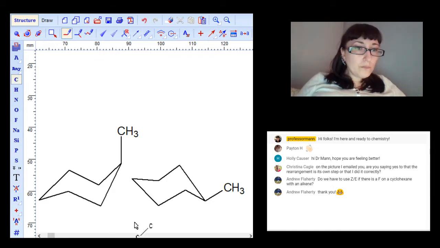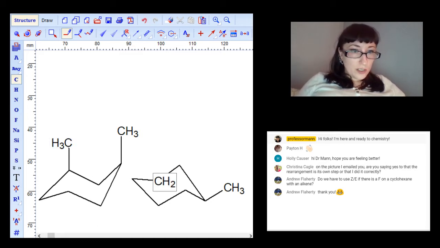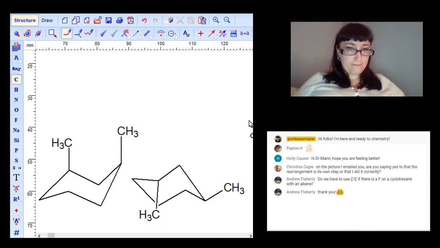Now, let's say I'm looking at, let's see, 1, 2, 3, up, down. Okay, so now I'm looking at two molecules that would both be 1,3-dimethyl cyclohexane.